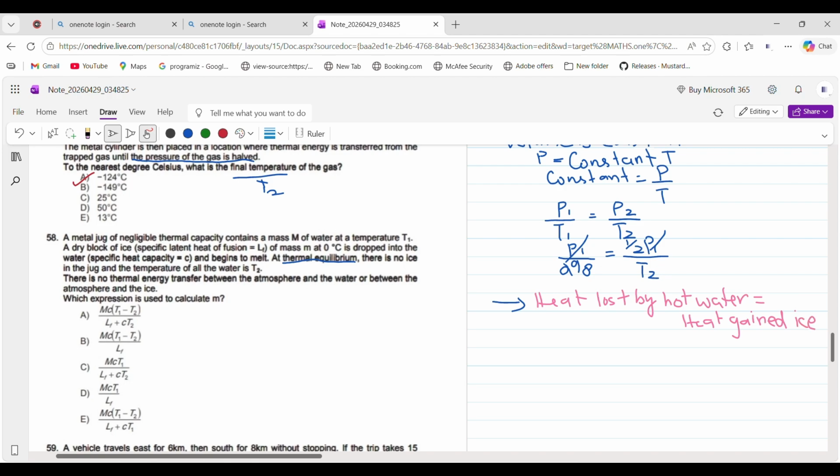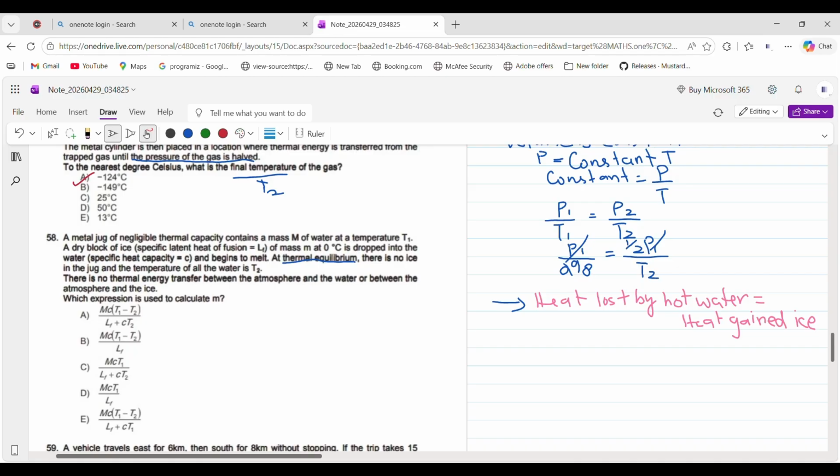When some object is losing its heat, the same amount of that lost heat is gained by another object. So heat lost by hot water is the same heat gained by ice, right? So this is what thermal equilibrium is.